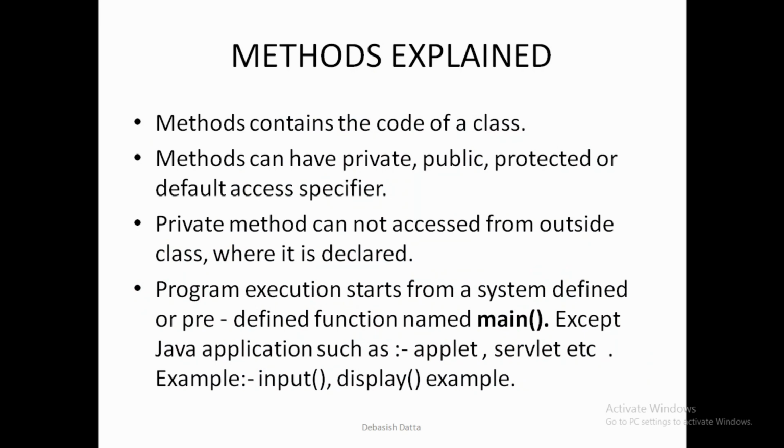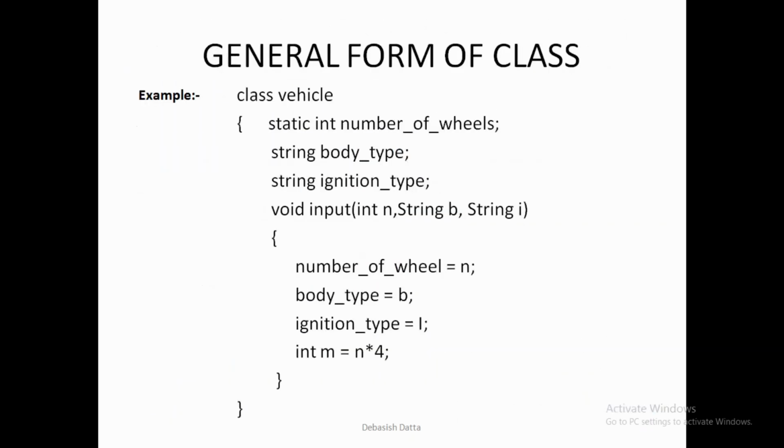Okay, now we'll concentrate on the methods. Methods contain the code of a class. As you can see from the example we gave, namely the vehicle class, apart from declaring the member variables, whatever we write inside a class should be inside a method.